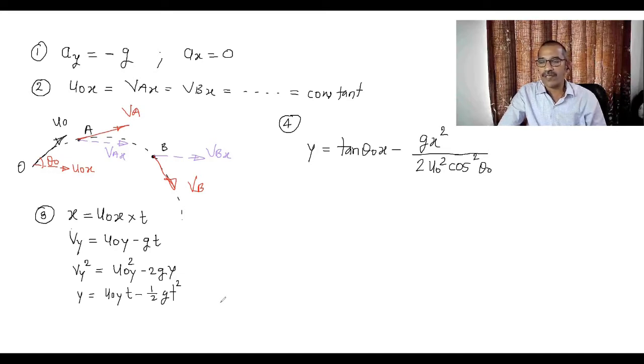So this is the equation of path. Four equations of motion and then equation of path. This one also we derived in our theory lecture. You can refer to how you are getting this equation.